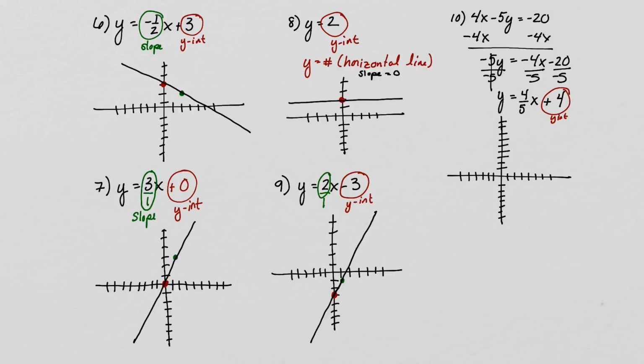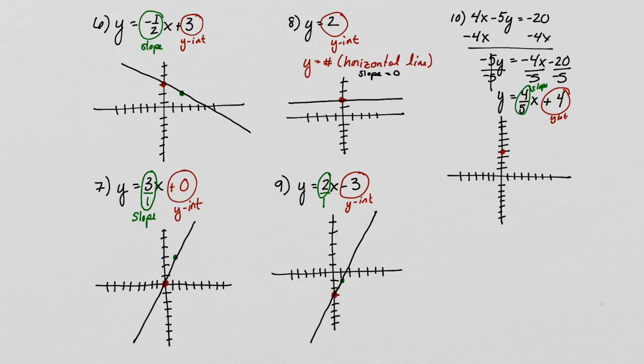And this 4/5, that's the slope. So I'm going to put a dot at 4, so 1, 2, 3, count up here to 4. And then the slope says that from here I need to go up 1, 2, 3, 4, and then over 1, 2, 3, 4, 5.